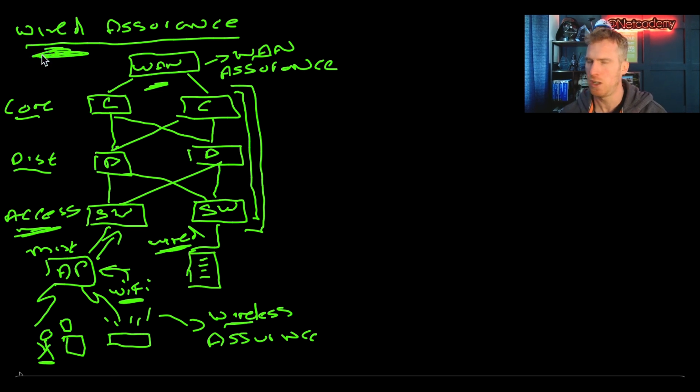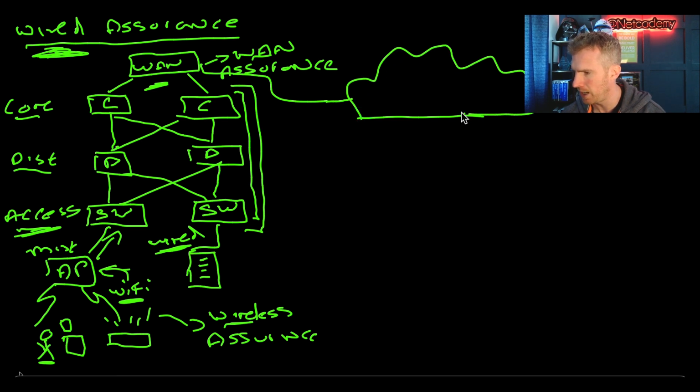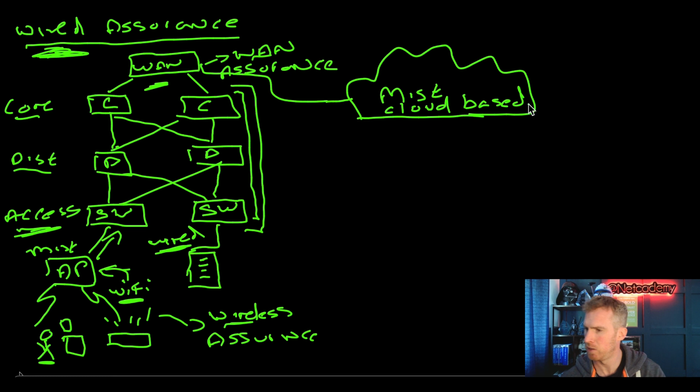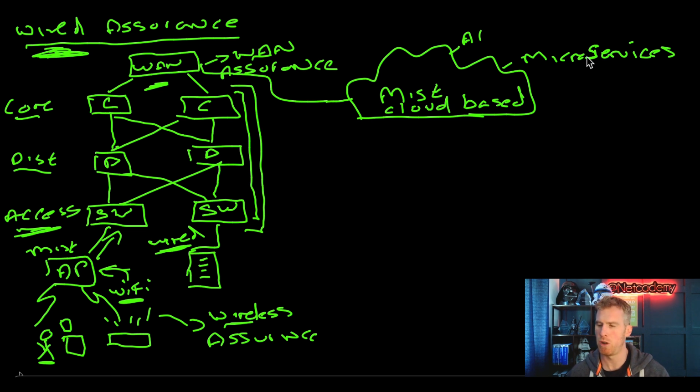But where is Mist in terms of this grand picture? Well, if you've watched the first video, Mist is all the way over here, and this is my picture for a cloud. It is a cloud-based solution that is also utilizing artificial intelligence, or actually several different forms of artificial intelligence, and microservices as well. So in short, there's no on-premise controller with Mist.